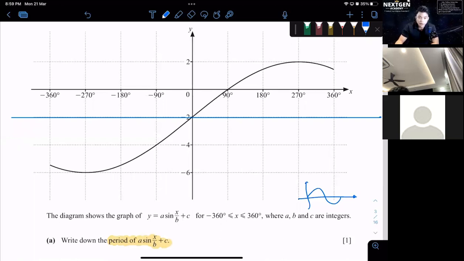So I draw the middle line, because it obviously is shifted down already. If you see the sine graph, negative 2 will be the middle. So what I can do is extend this.